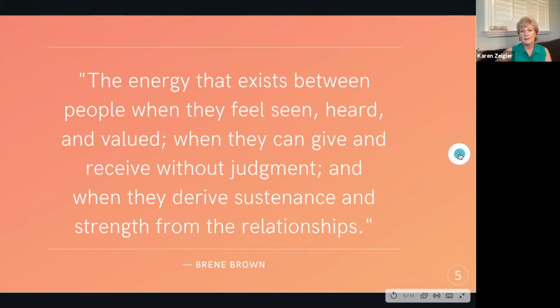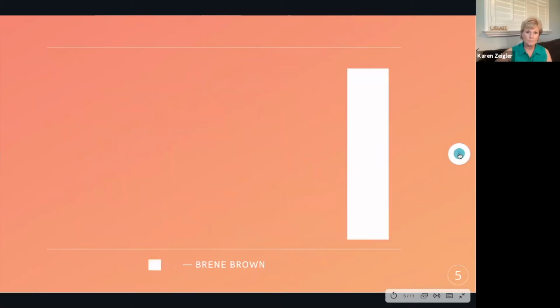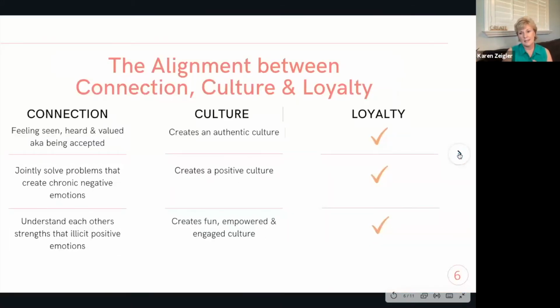It's not so much about the emotion, while you want to hold space for it. It's about the needs behind the emotion that really drives the innovation for design thinking. So how are all these things connected?